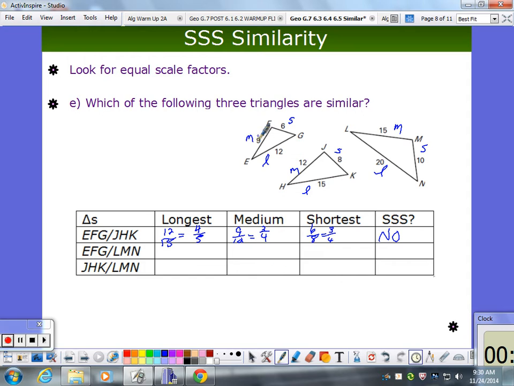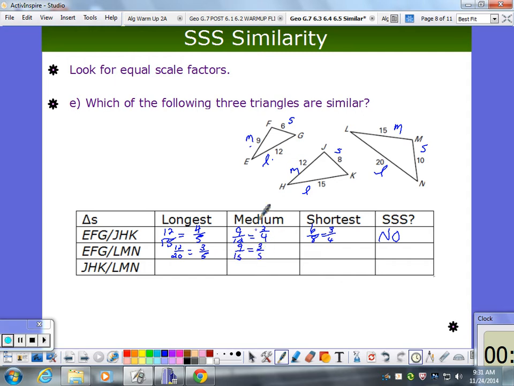Now let's look at this one and this one, left and right here. Longest side, 12 to 20. Divide by 4, that's 3/5. Medium would be 9 to 15. Divide both by 3, 3/5.